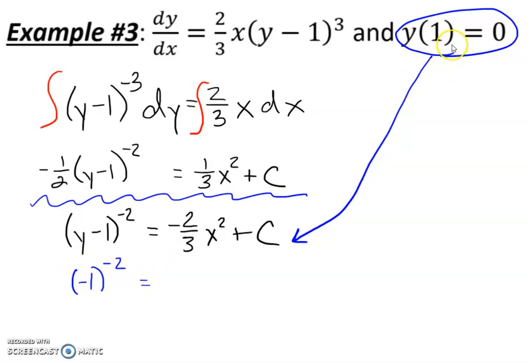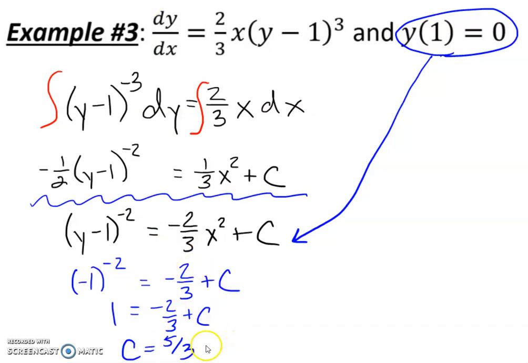And then this is going to be negative 2/3 plus c. All right, so look, negative 1 to the negative 2 is 1 over negative 1 squared. So that's 1 over 1, so that's 1. So we've got 1 is equal to negative 2/3 plus c. Add 2/3 on both sides, we get c is equal to 5/3. Again, these are often pretty ugly like this.